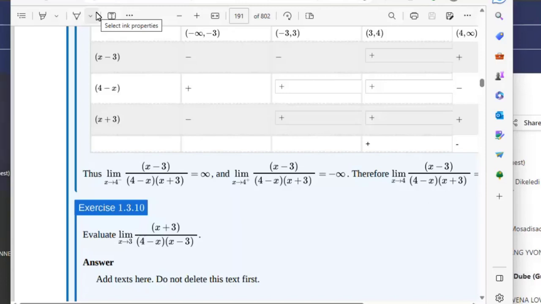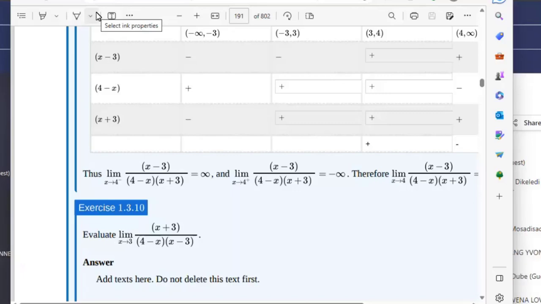Sorry, sir. Can I just ask real quick? Yes, Marvin. Would we then not logically rule out 4 because we see that there is a 4 minus x as a denominator, and knowing that the denominator cannot be 0, are we mathematically forced to rule out 4, or what do we do in this case?